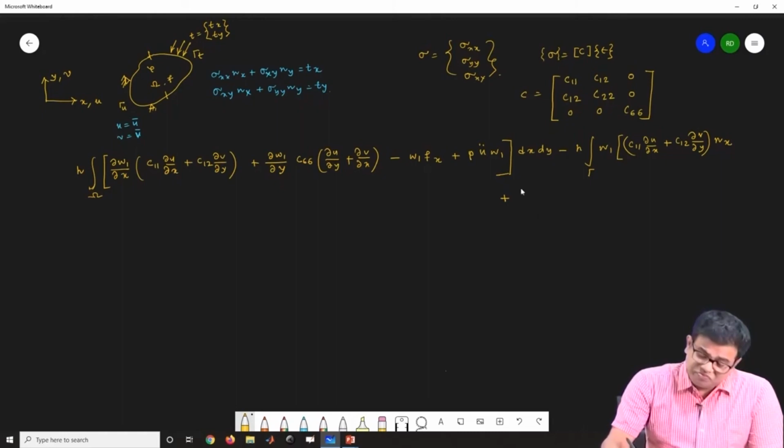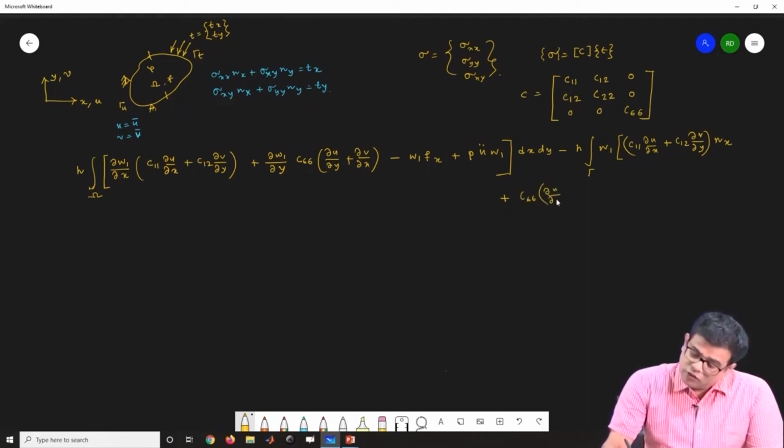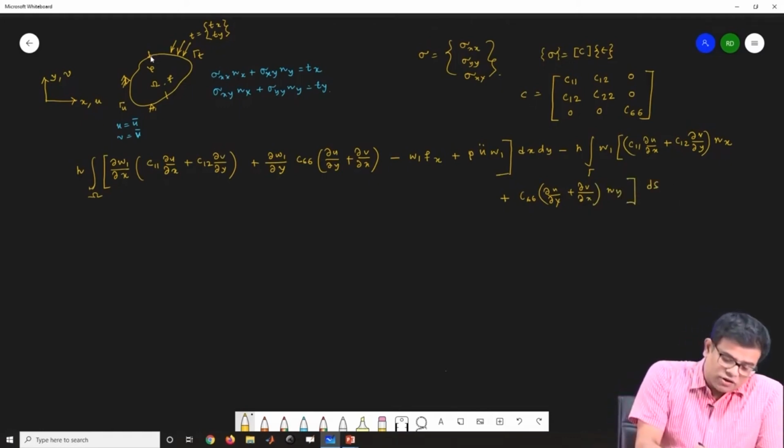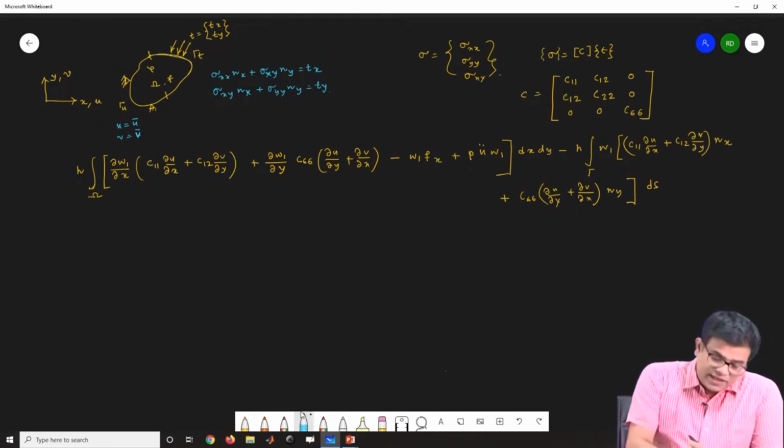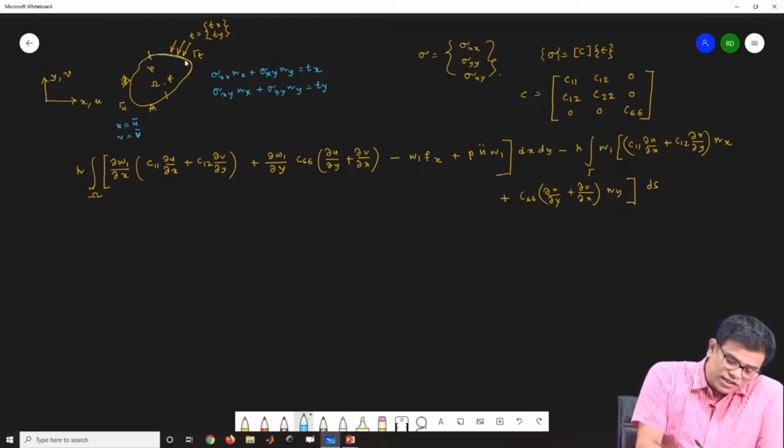So if I write that, then this is c66 del u del y plus del v del x into ny. So this is integrated over the surface, which here is a line. So along this line you have to integrate.